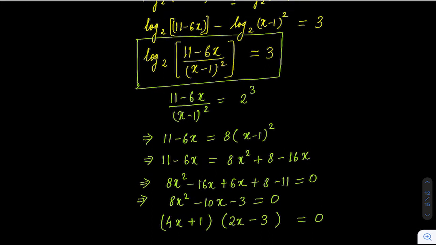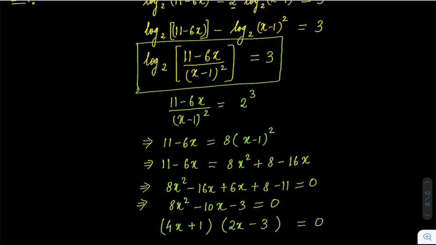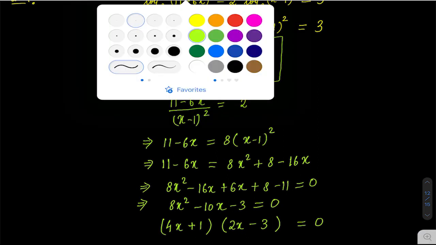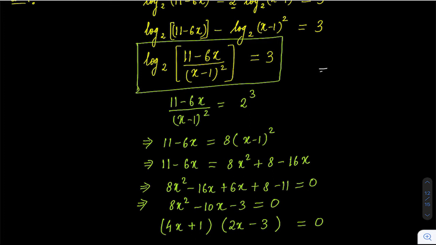Okay, these are my factors. So what are my roots now? From this I am getting x as minus 1 over 4, or x can be 3 over 2. So these are my two values of x.